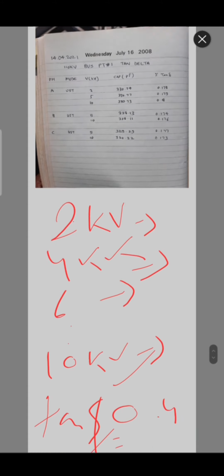If the value goes beyond 0.4, then some internal abnormality, either in the oil or in the insulating paper, must be there, that we have to check. So the value of tan delta must be less than 0.4. If it is, then it is okay. So this is how we perform the tan delta testing.